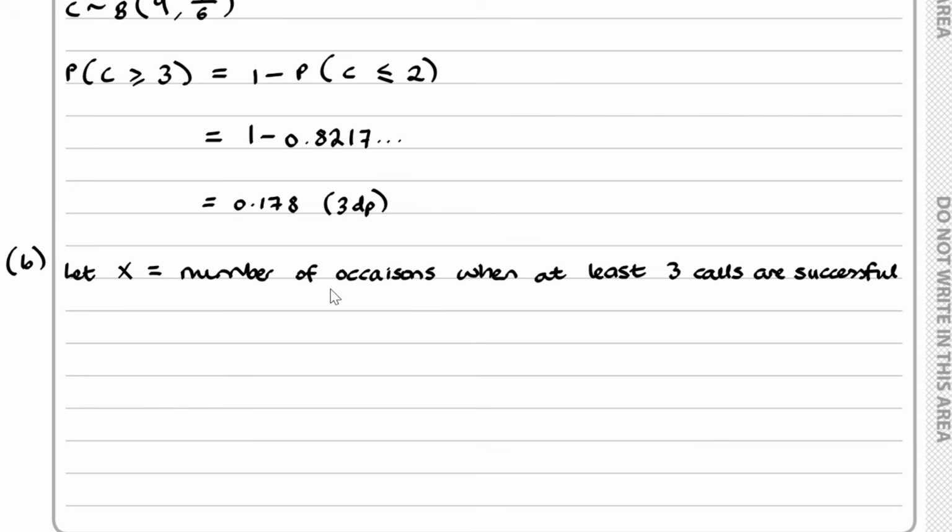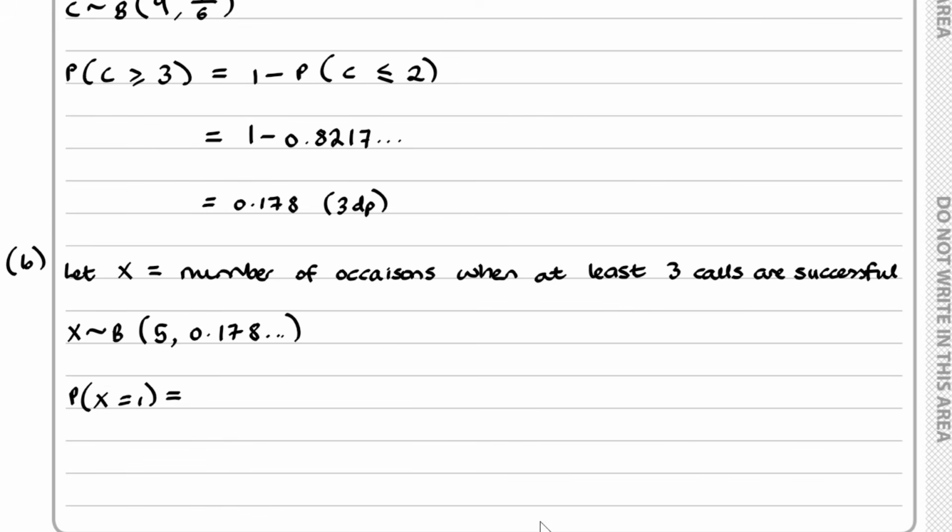So if we let X equal the number of occasions when at least 3 calls are successful, we have X binomially distributed with parameters 5, since we're looking at 5 days, and this probability of success being 0.178, etc. And we're looking at the probability that X is equal to 1.